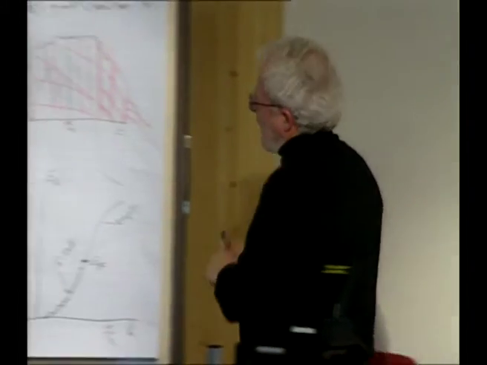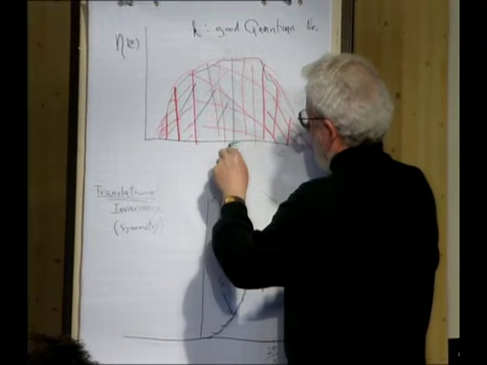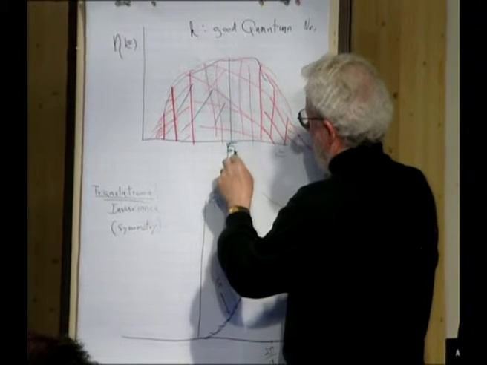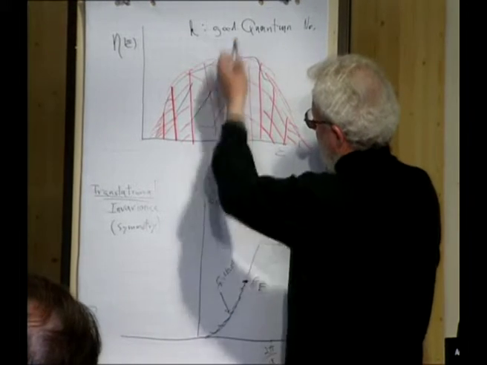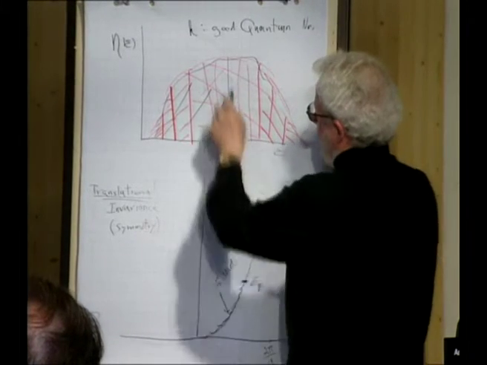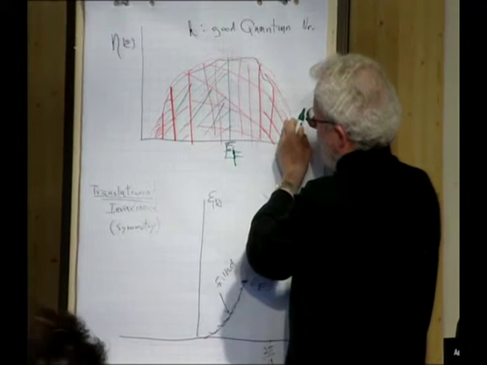But the exclusion principle is still valid, so you can't have more than 1 electron in a state, so there's still a Fermi energy. There's no energy gap, but all the states are localized. All these are occupied. All these are empty.